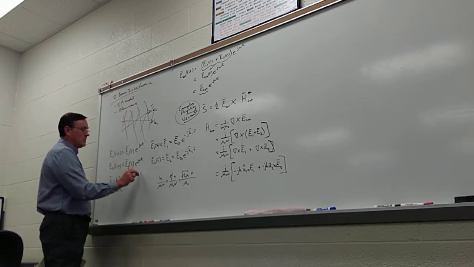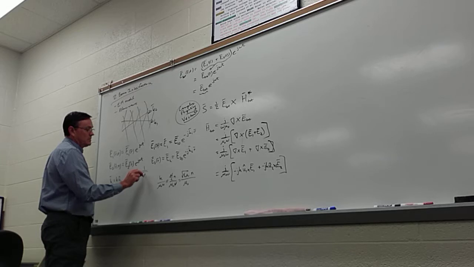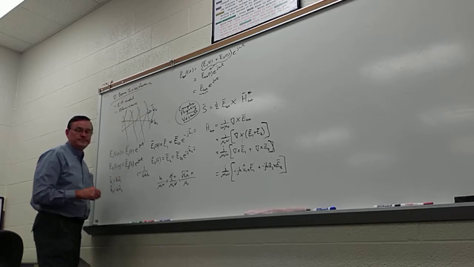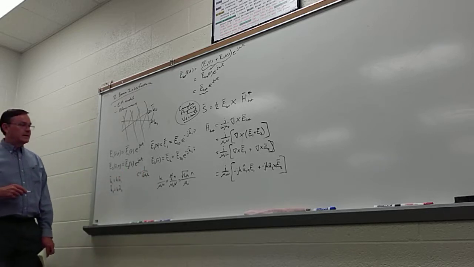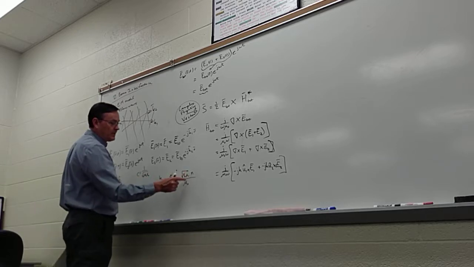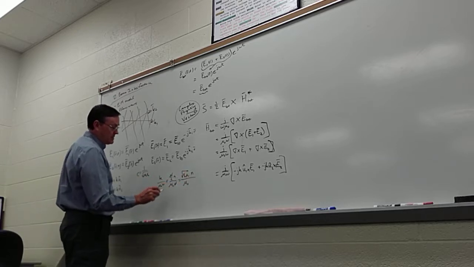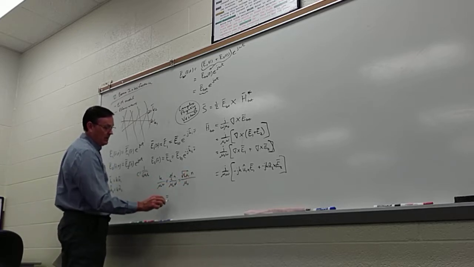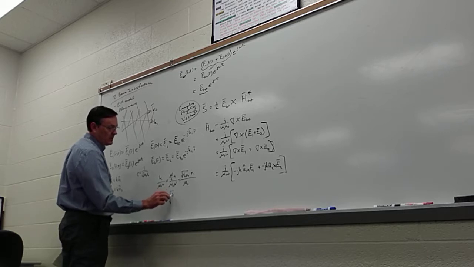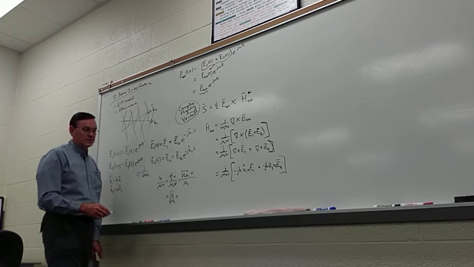Because c is 1 over square root mu naught epsilon naught. Okay, so I got square root of mu naught up here, mu naught there. So that's going to give me a square root of epsilon naught over mu naught times refractive index.